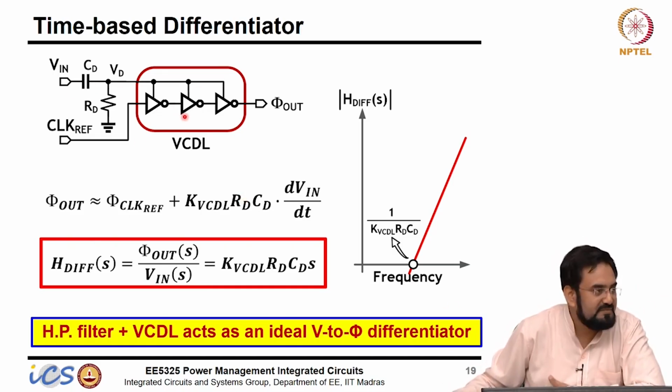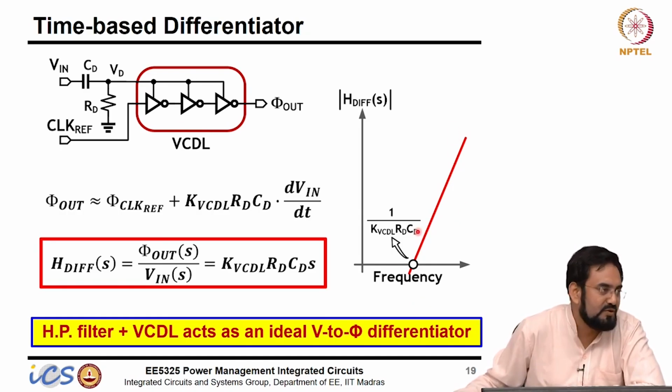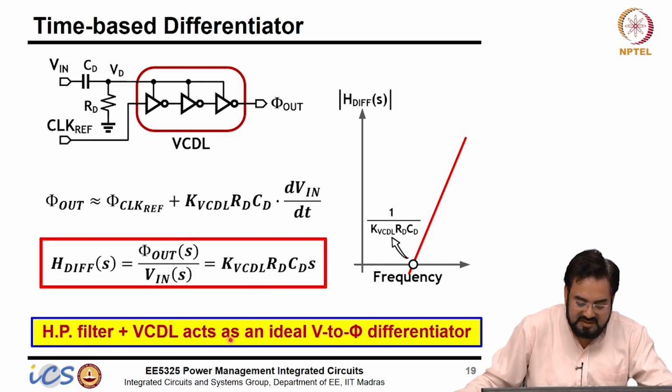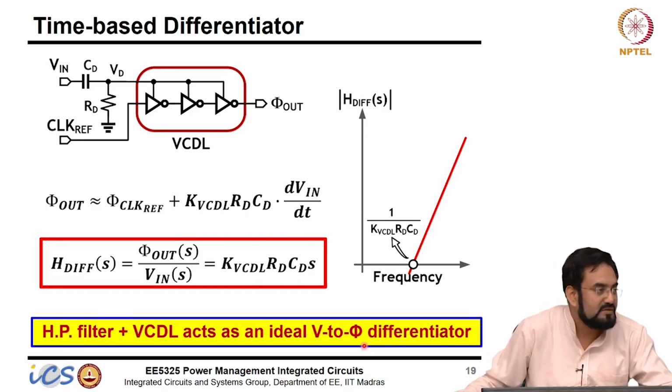Then VCDL will give me the gain, so I can use it as a derivative component, and it will give me a zero at origin, just like the integrator gives me a pole at origin.